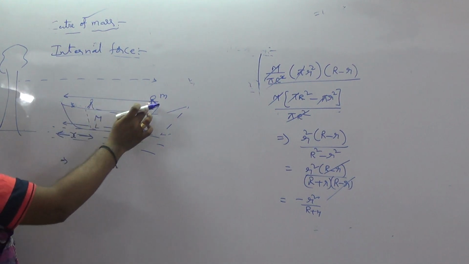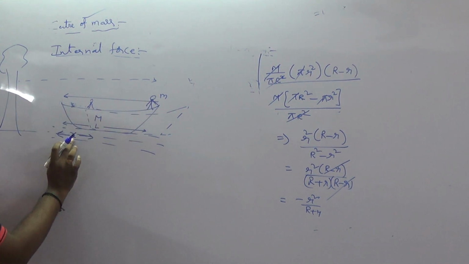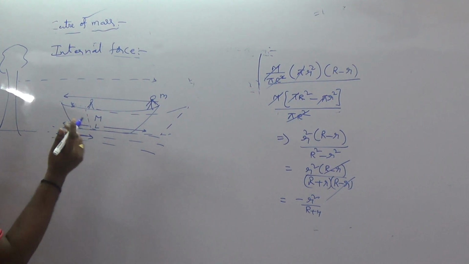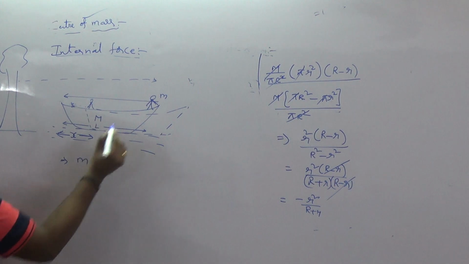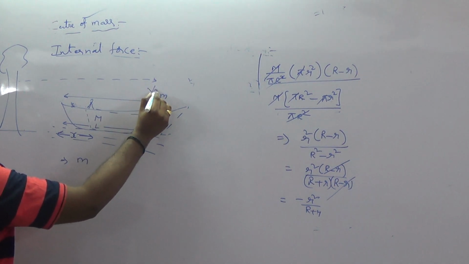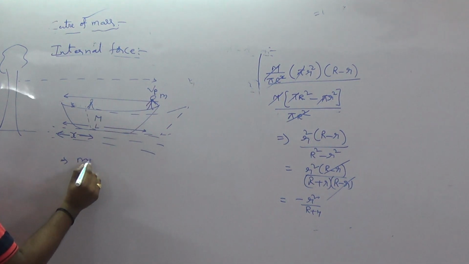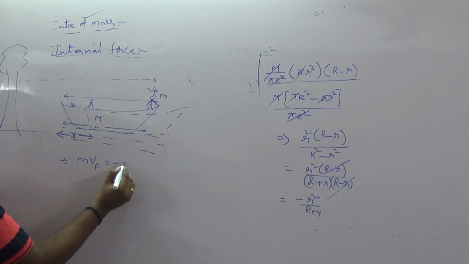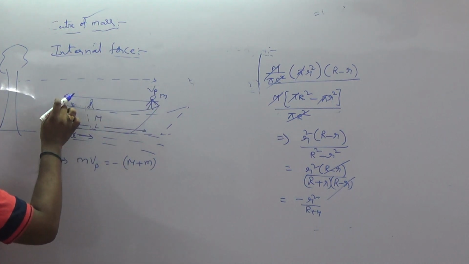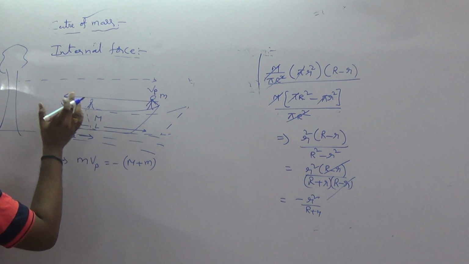With respect to the boat, the boy also moves. So displacement of the system I'm taking as x. In this case, you can use the law of conservation of momentum. Mass into velocity, velocity of the boy, the velocity of the person. m into Vp is equal to minus (M + m) into velocity of the boat, because when the boy is moving from here to here with the boat, the boat moves in the opposite direction.